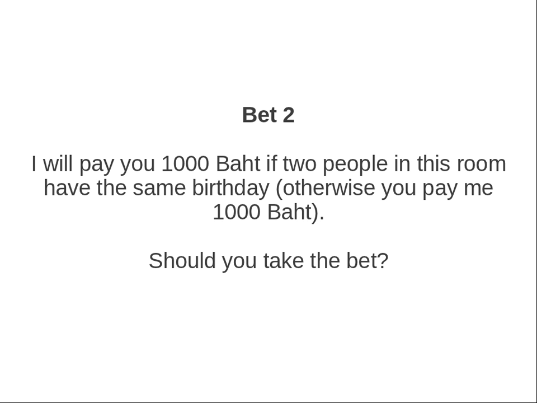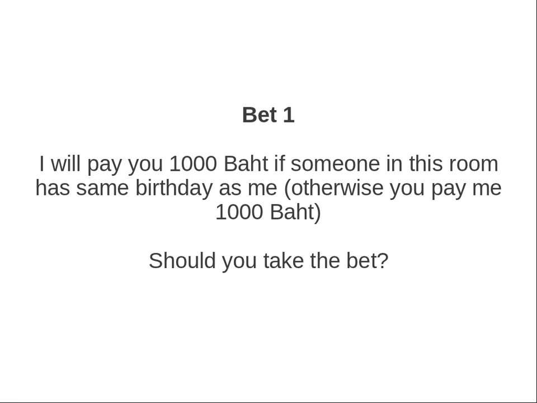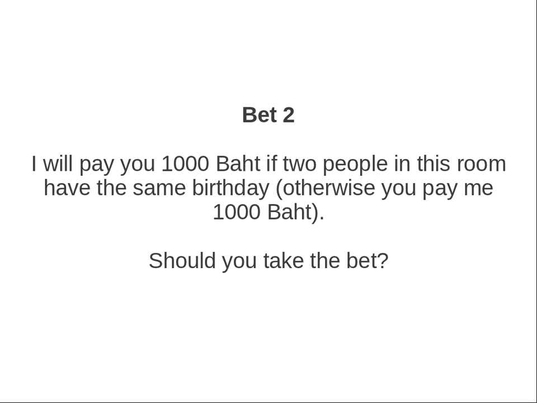So of the 30 people in here, for you to win bet 1, there must be someone whose birthday is on that one day out of 365 where my birthday is. With bet 2, any two people must be born on the same day and month. More chance of that happening.